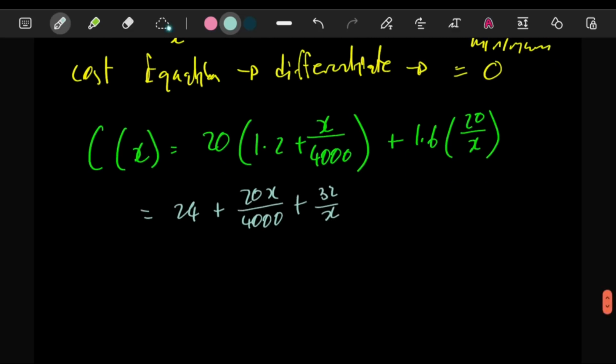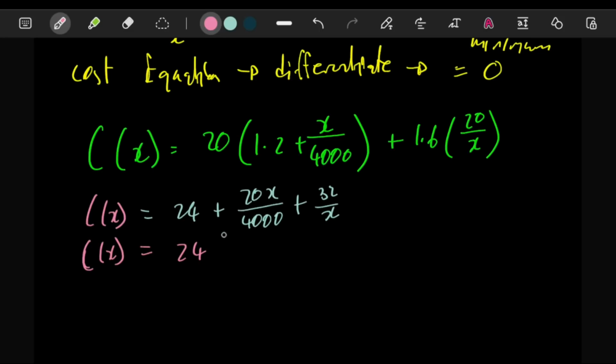And then what you get here now is C in terms of x. Let's simplify. This is 24. The 20 over 4,000, let's see what that gives us in the calculator. 20 divided by 4,000 gives you 1 over 200.